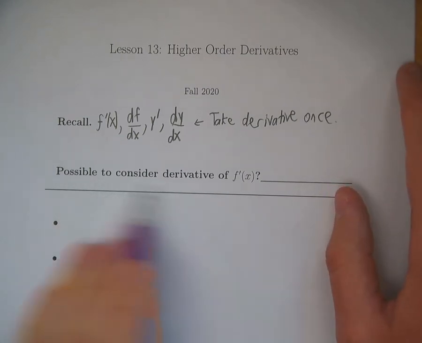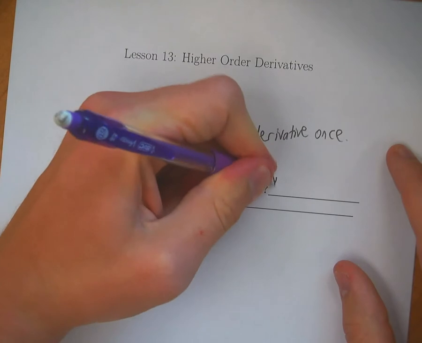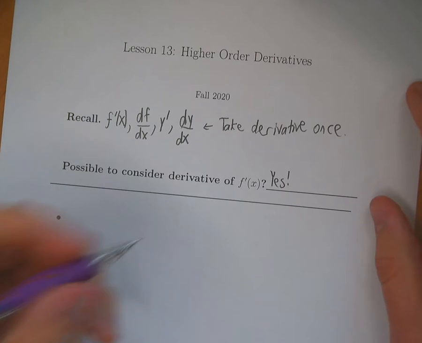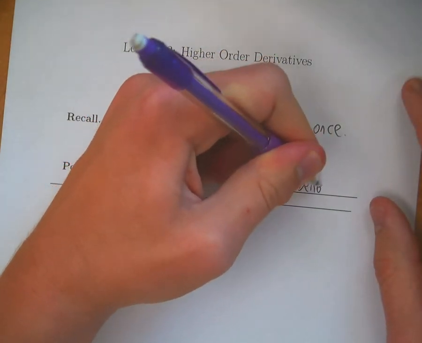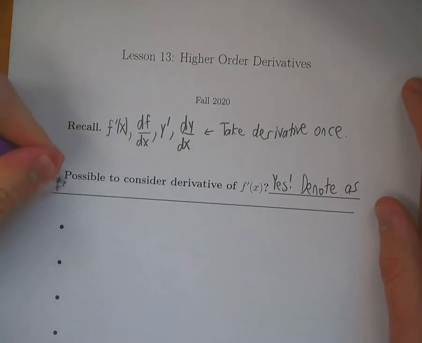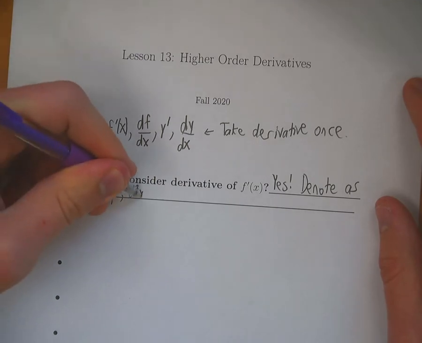So from this you might think, okay, that's good and all, but is it possible to go even further than that? Can we consider the derivative of the derivative? And the answer is yes, you can. If you want to consider the derivative of f prime, you can do that, and here we denote that, respectively, as f double prime of x, d squared f over dx squared, y double prime, and d squared y over dx squared.